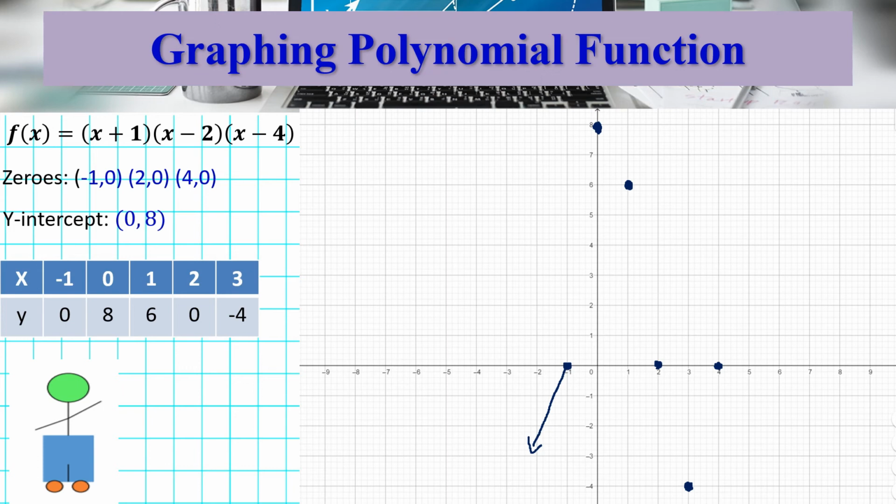Tapos, curve dito sa y-intercept, kasi magta-turn siya dyan sa y-intercept. And then, straight siya dito sa negative 1, 0. Then, next, continue natin papunta dun sa next point. And then, magpa-pass through siya dun sa another zeros. And then, diretso tayo sa baba.